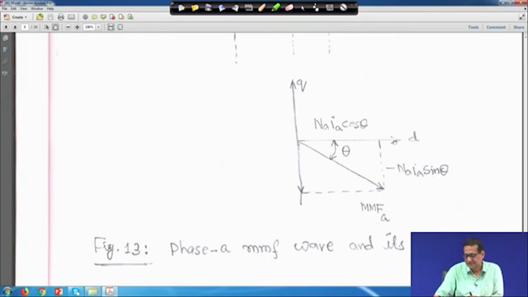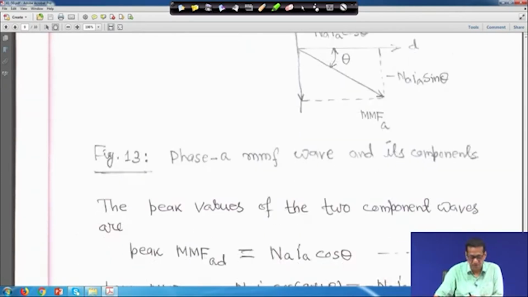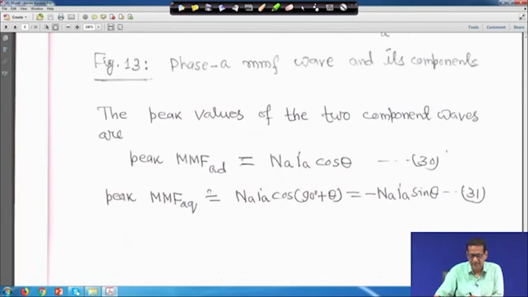This is figure 13, the phase A MMF wave and its components. The peak values of the two component waves are MMF AD equal to N_A I_A cos theta, and MMF AQ equal to minus N_A I_A sin theta.